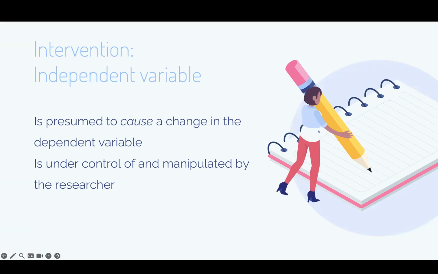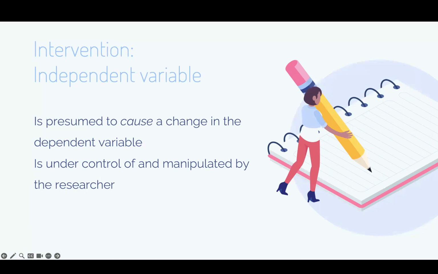It is imperative to understand that the intervention must be under the direct control of the researcher. This means that the researcher can manipulate the independent variable in a systematic manner. By controlling the intervention, the researcher is able to observe the resulting changes in the dependent variable and thereby examine the efficacy of the intervention.